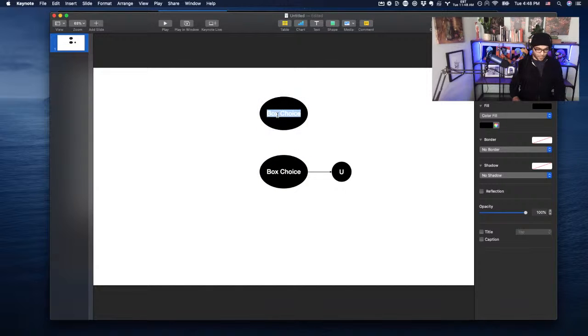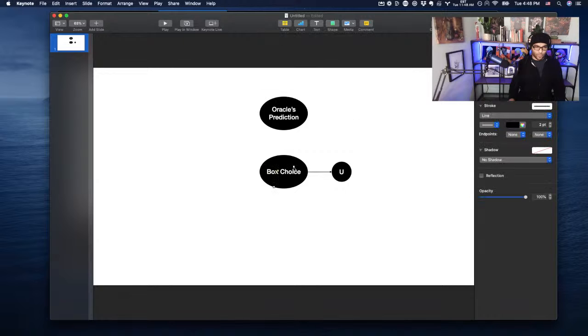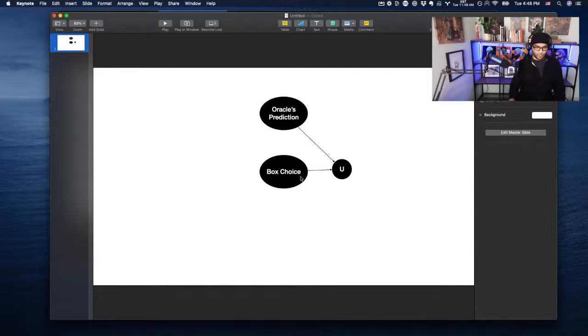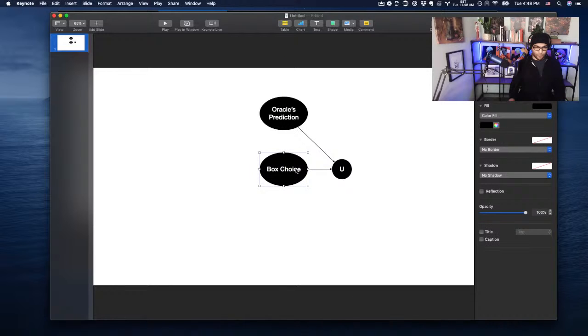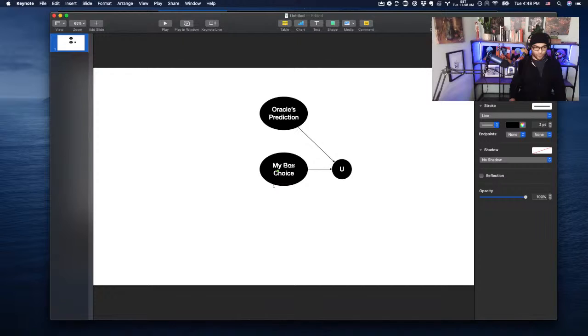We also have the oracle's prediction. It's caused by my box choice, and my box choice affects the oracle's prediction.